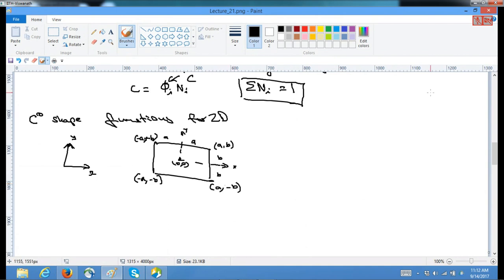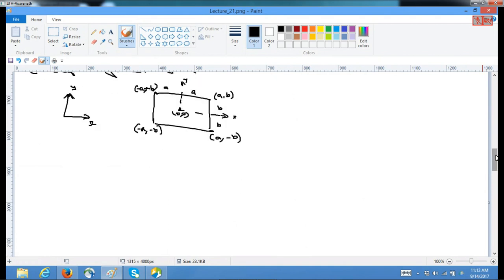So then I will take my variable which has to be interpolated, phi of x comma y, and since I have 4 nodes, which are node 1, node 2, node 3, node 4, I can have at most 4 constants in my polynomial.